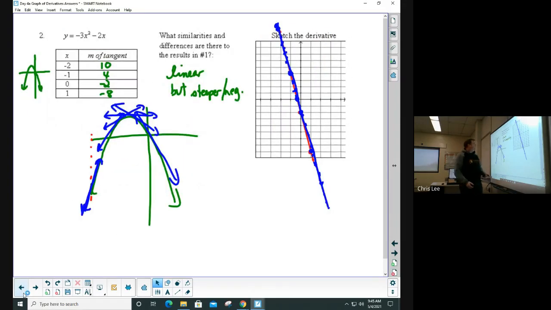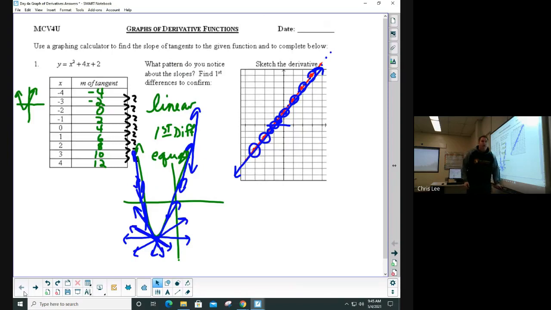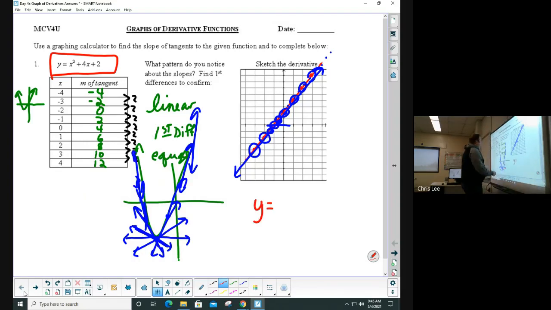You're starting to see some other patterns happening with the coefficients. So for example, in this one here, we graph this line. Now I butchered it, but essentially this is y equals, we know it goes up by 2's, so it's y equals 2x. And if you look closely right here, you should see the derivative goes through 2.